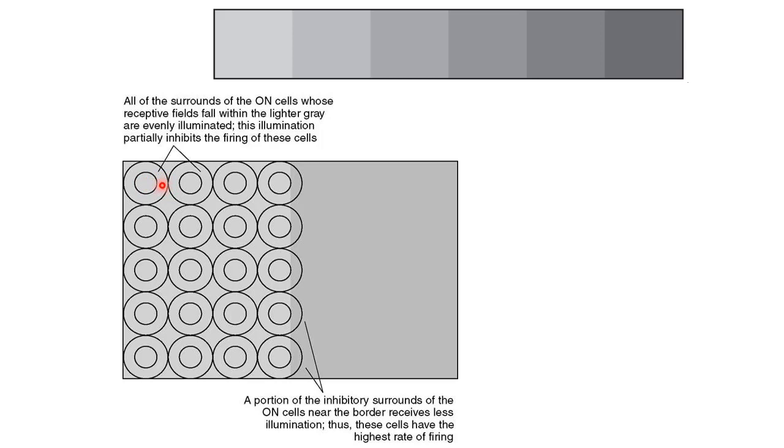And so these two kind of arithmetically combine, right? This means that we're going to have illumination that's causing them to fire more action potentials, but they're partially inhibited because that illumination also falls on the edges as well. So they're not firing at their maximum firing rate.